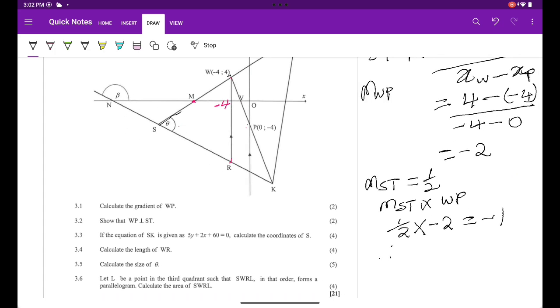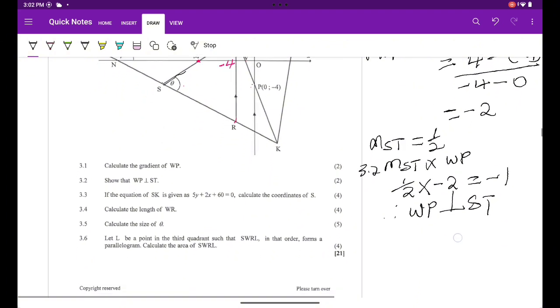Therefore, WP is perpendicular to ST. So that was 3.2.